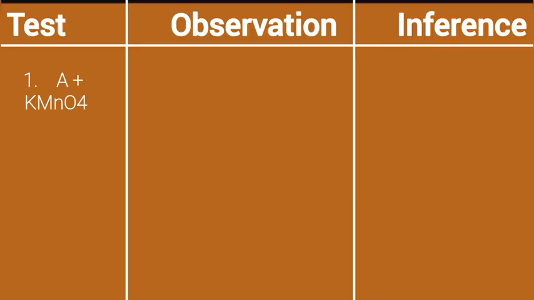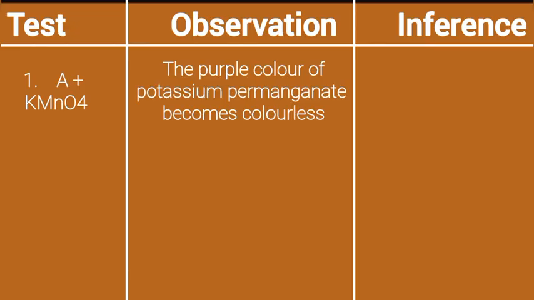Under the test column, we are simply going to have A plus KMnO4. If you wish to write it in full, potassium permanganate, the choice is yours. Now let's assume that the purple color of potassium permanganate becomes colorless. So under the observation, I am going to write: the purple color of potassium permanganate becomes colorless.